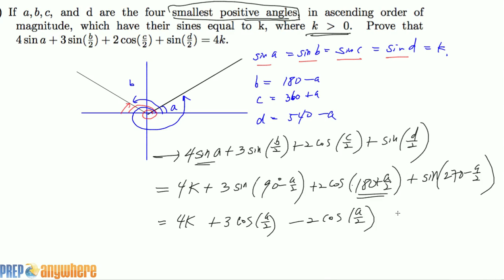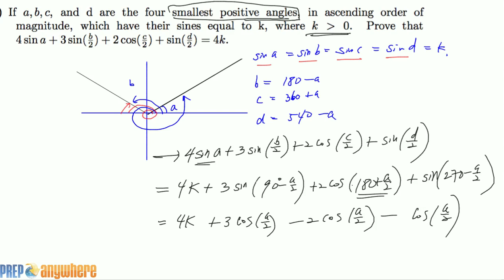That's the CAST rule. And lastly, sine of 270 minus A over 2 is also in the third quadrant, so it's also going to be negative, and it also changes to cosine of A over 2.